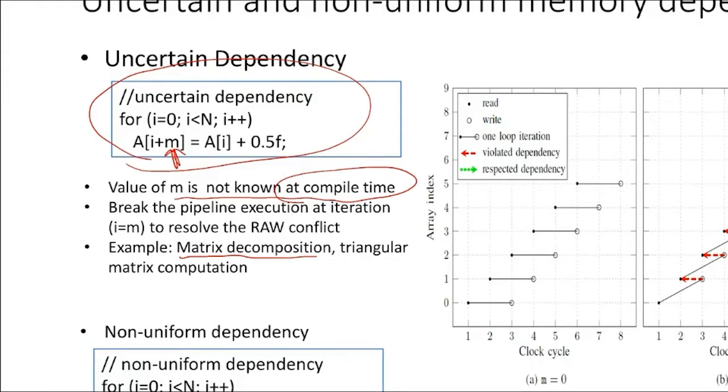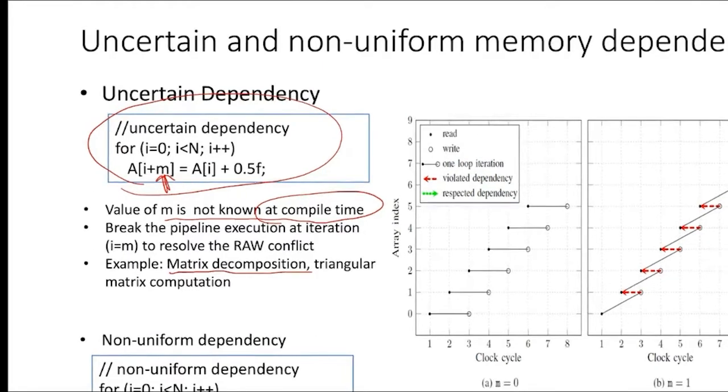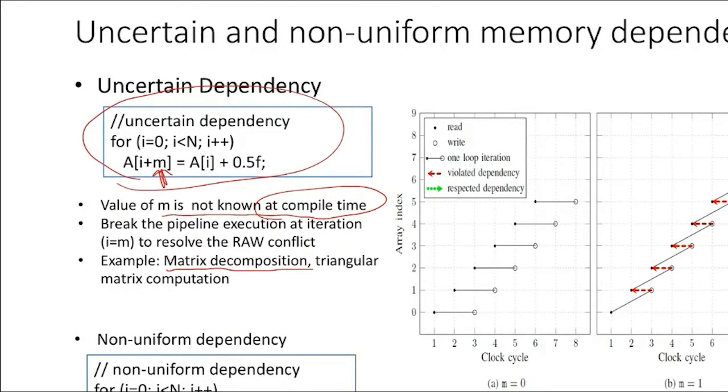For this kind of code, the HLS compiler will take a conservative approach, assuming m equals 1. That means the II definitely cannot be 1, because the value will be used by the next iteration.